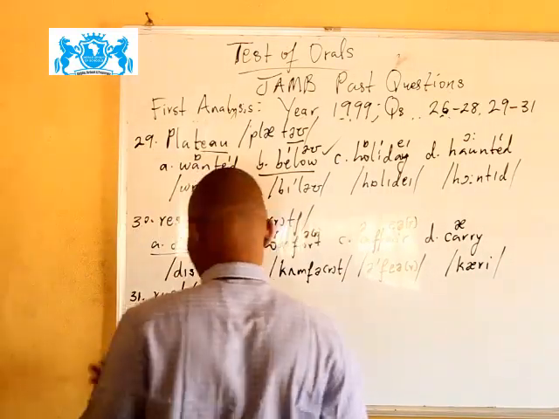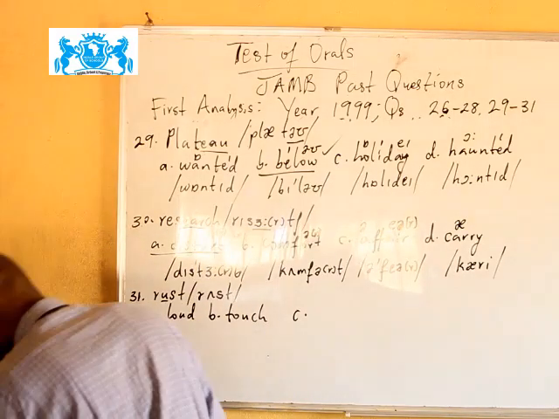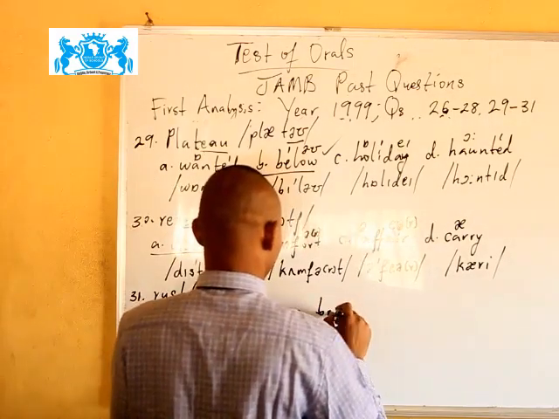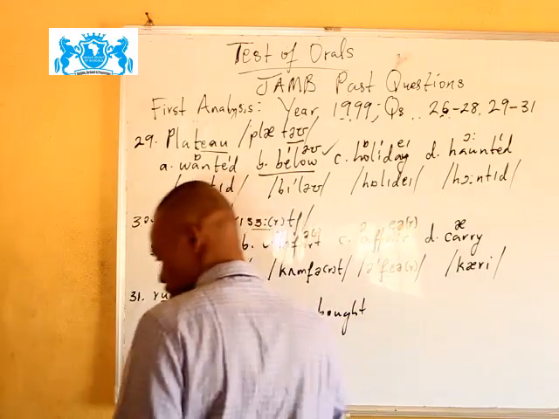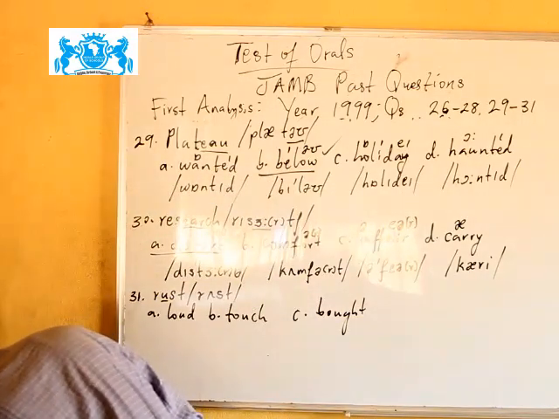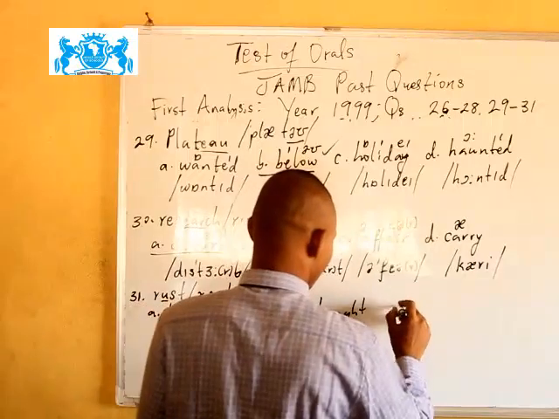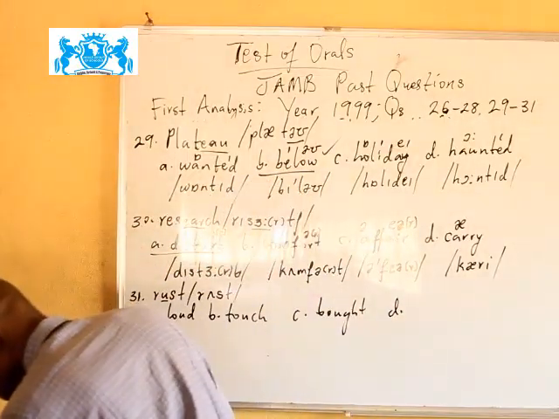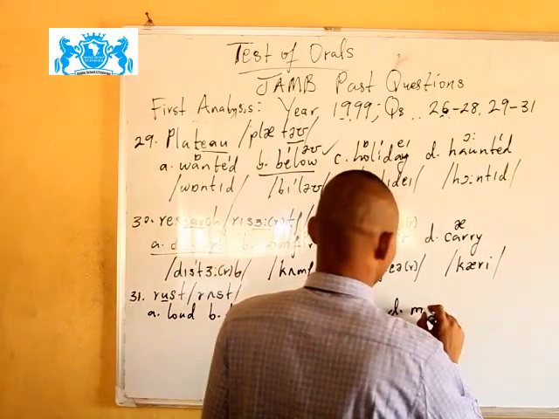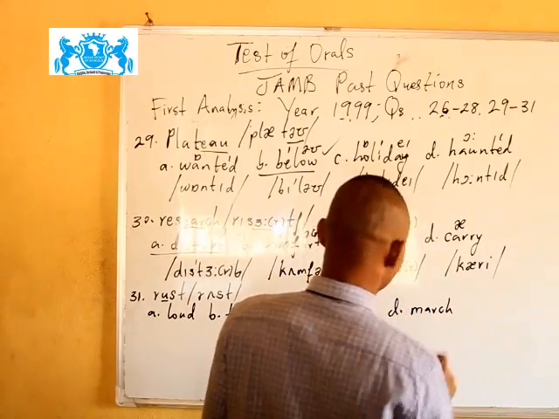Option C, B-O-U-G-H-T. And option D is M-A-R-C-H.